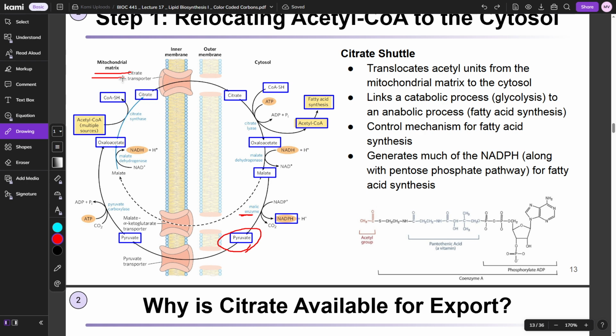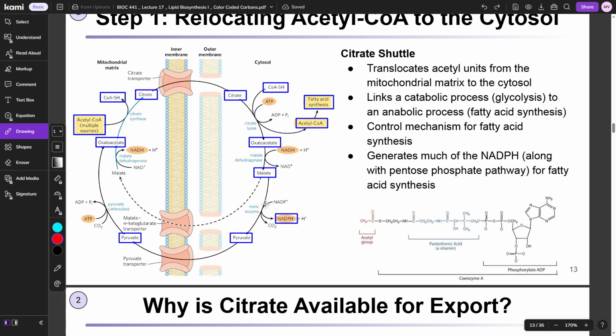Essentially, all we're doing is using oxaloacetate as an agent to carry acetyl-CoA out from the mitochondrial matrix into the cytosol, so that we can then use the acetyl-CoA for fatty acid synthesis. And then on the way back, there's two options, right? After we've cleaved this using citrate lyase, and we're left with oxaloacetate, we can reduce it to malate, and then from here we have two options.